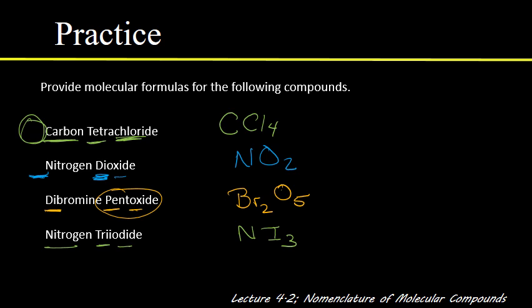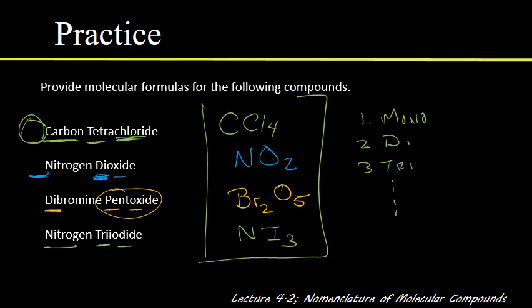Okay. Once you learn the prefixes, you learn that table of prefixes, mono, di, tri, so on and so forth. These are really pretty straightforward. They're easy and actually kind of fun.